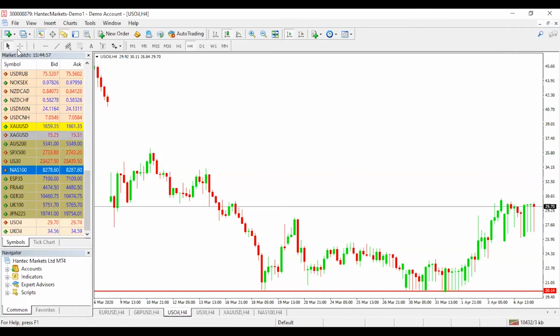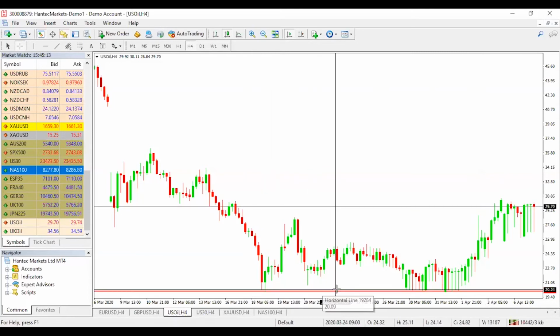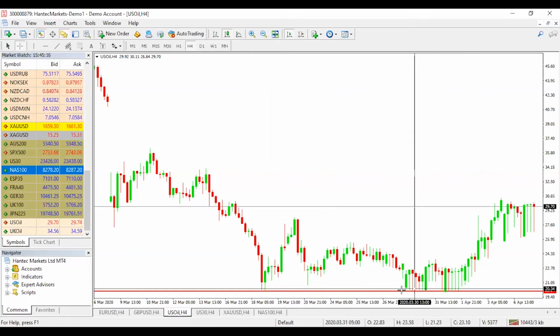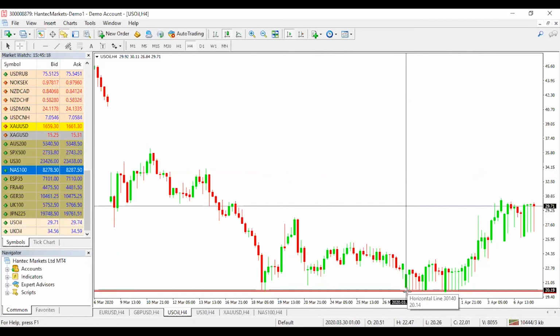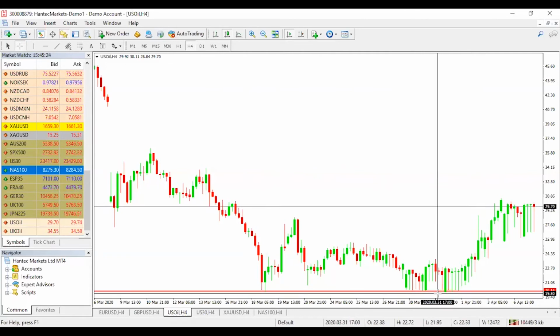It's a level of support because the price has gone there on numerous occasions, but hasn't been able to fall below basically the $20 mark. We've done 1, 2, 3, 4, 5, all of this area here. You see, the wick has touched this red line and has just continued to bounce. So this is a strong level of support.